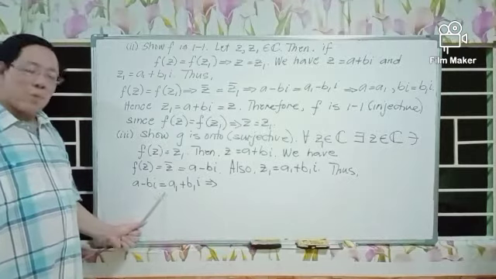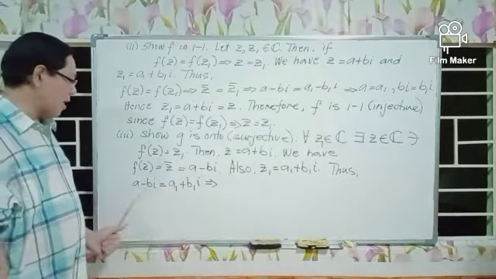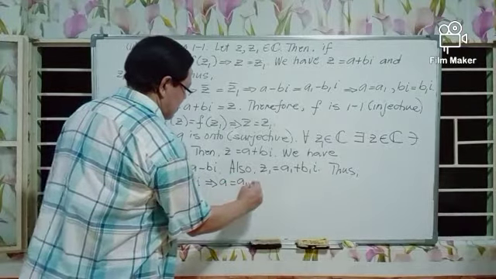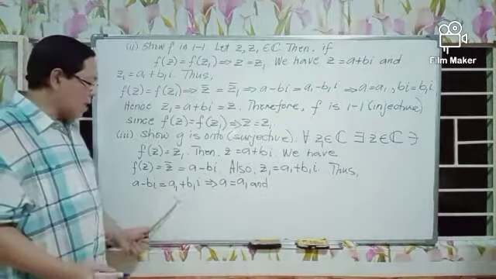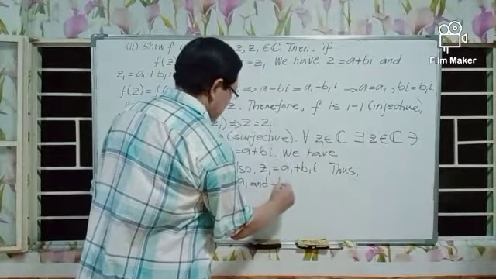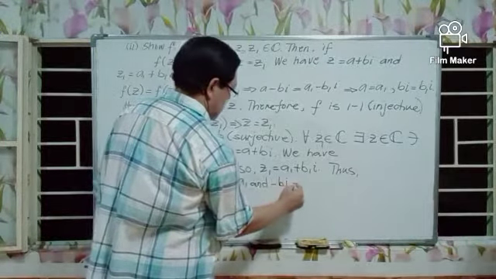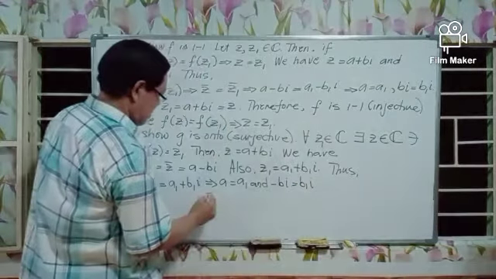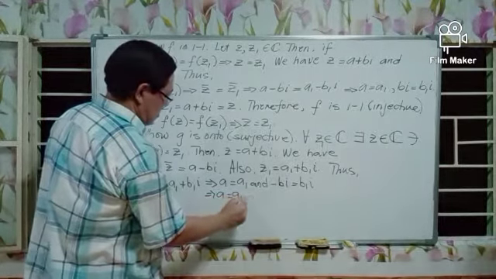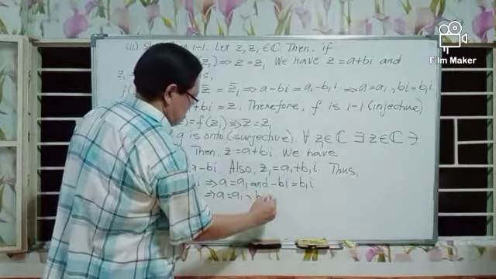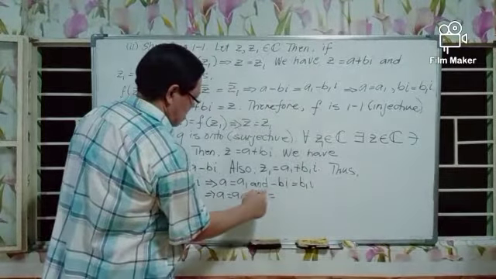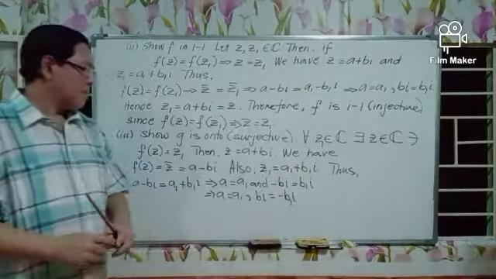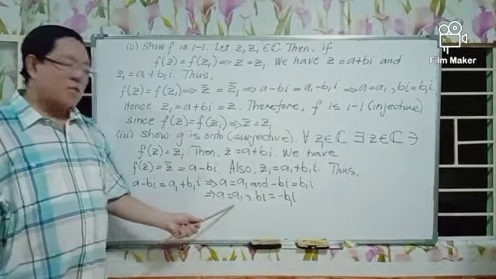Thus, a minus bi equals a sub 1 plus b sub 1 i implies that a is equal to a sub 1, and minus bi is equal to b sub 1 i.